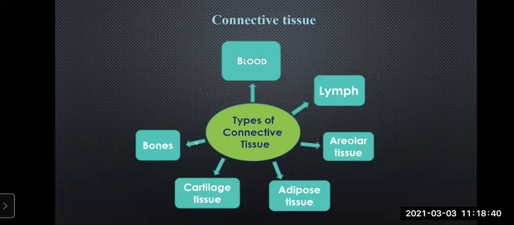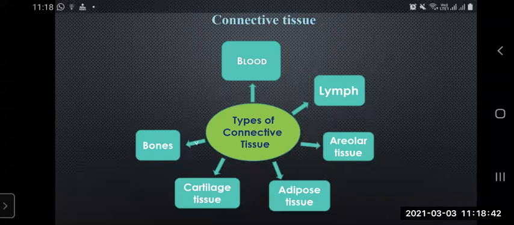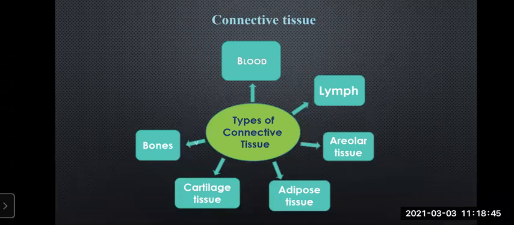It contains specialized cells which are known as osteocytes. Osteocytes are embedded in the matrix made up of calcium and phosphate. That makes it strong.